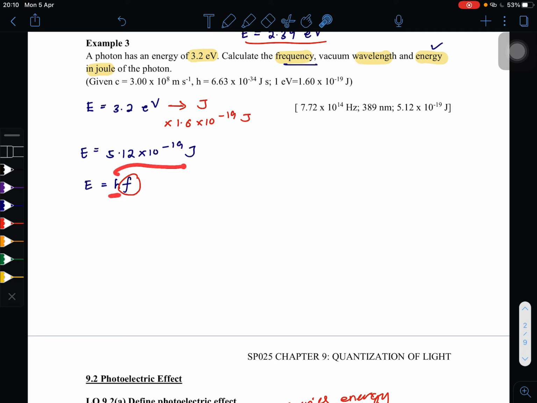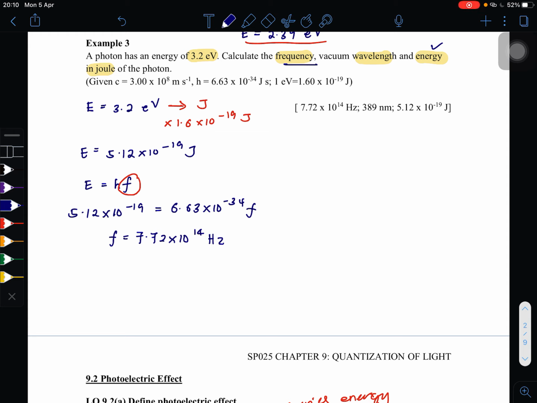H ni dia punya unit adalah dalam joule. So E dekat sini must guna this one in joule juga. So 5.12 eksponen negatif 19 equal to 6.63 eksponen negatif 34 times with frequency. So frequency akan sama dengan 7.72 eksponen 14 Hz.